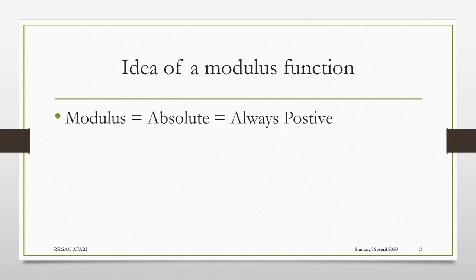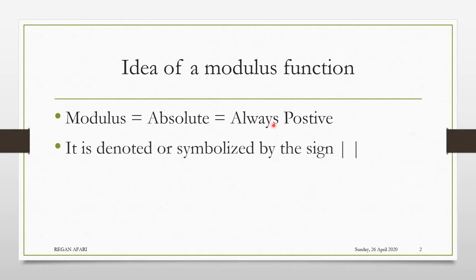When we say modulus, however you might want to pronounce it, it means absolute, and absolute means always positive. Note that this is the sign that we use to denote modulus or absolute. For example, the modulus of negative 4 means the answer is 4.